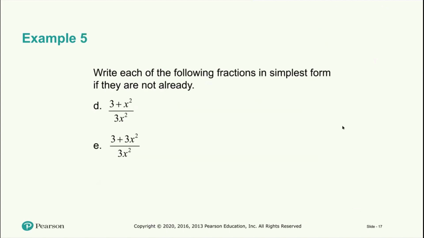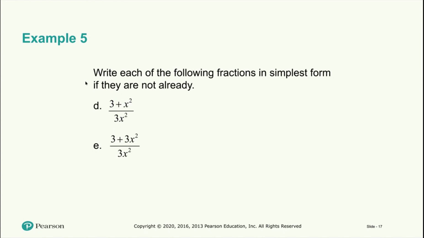All right, here we have another example where we're going to simplify these fractions if possible. Now, in this first one, notice these two terms do not have a factor common other than 1, right? So there's no factoring possible, and there's not much we can do down here, right? And this goes back to what I was telling you in the previous problem. You would never cancel those 3's, right?